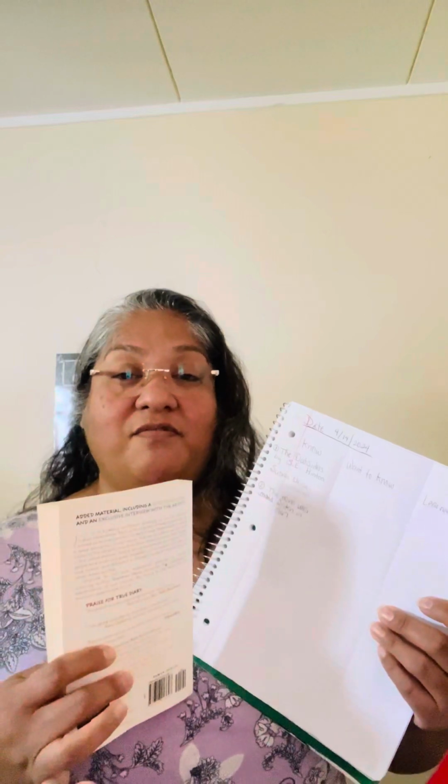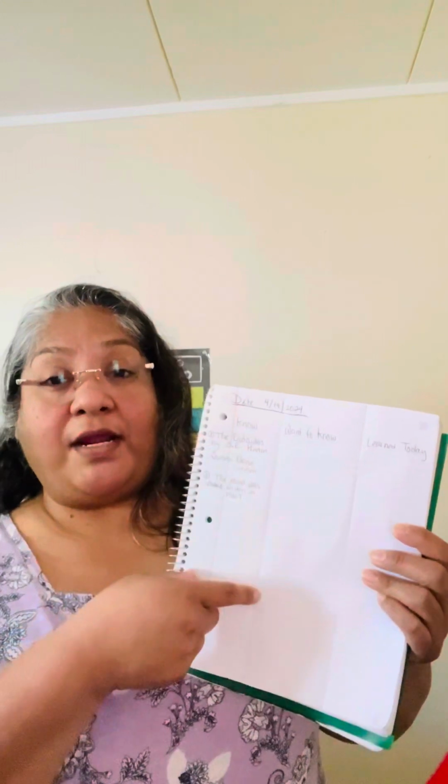So I'm going to be giving you 2 pieces of information on your novel. Before we get started, I'm going to give you 2 pieces of information on it. And so before we open the book, we're going to look at just the cover page of the novel. Okay, so in the first column, you're going to write Know. And the first information is I'm going to give you the title of the book.